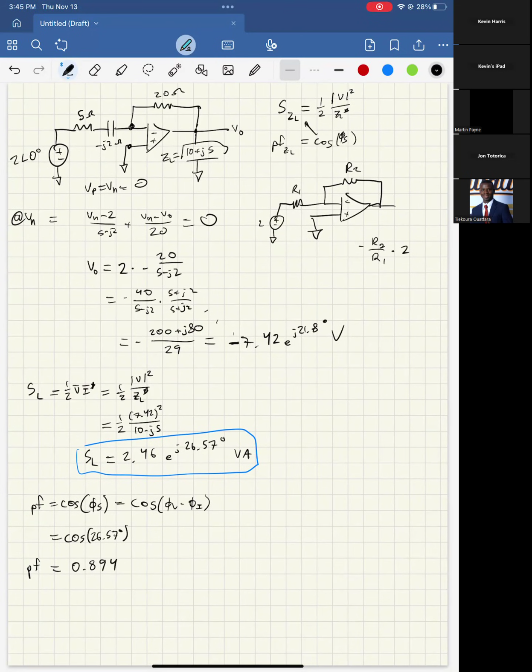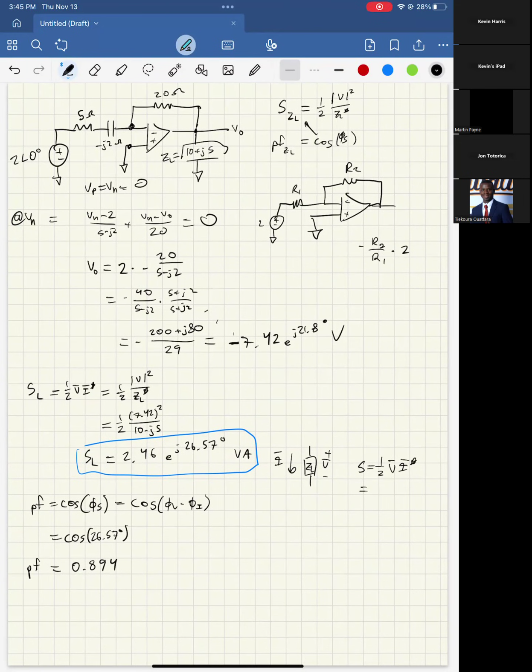Yeah. So the reason this works, I can give you a quick proof for this. If we have our ZL and it has some voltage and some current going through it, the power is one half V I conjugate.